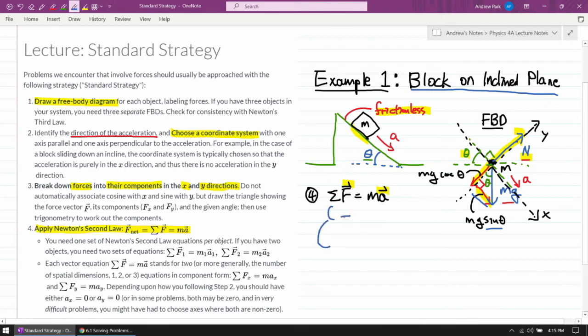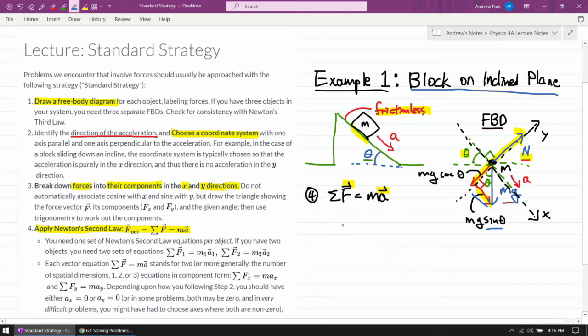One says the x component of net force is equal to mass times acceleration in the x direction, and net force in the y direction is equal to mass times acceleration in the y direction. And if we were somehow working on a problem that had full 3 dimensions, then there would be a z component as well. So that's what we have to write down.